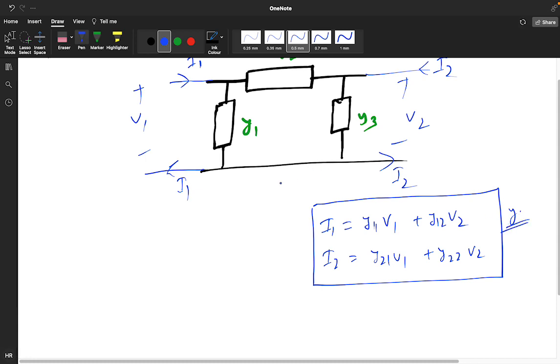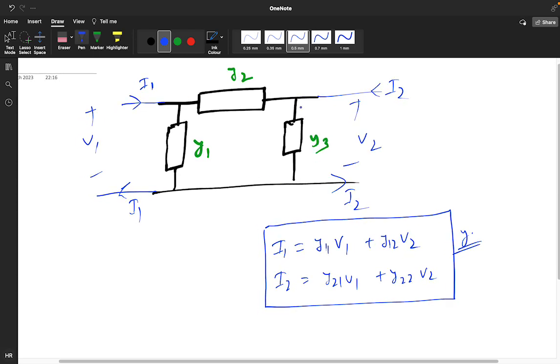So this is V1 only at that point, and this is your V2 only. Apply the junction node: some current like this, some current like this. Apply the node on junction J1, this is J1 and this is J2.